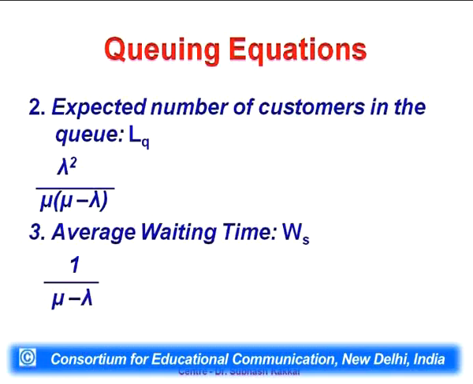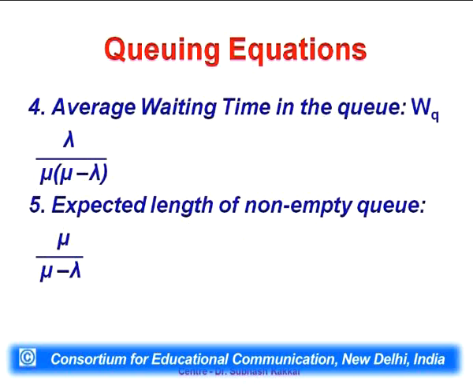Average waiting time in the system Ws is given by 1 divided by mu minus lambda. Average waiting time in the queue Wq, and the formula for that is lambda divided by mu within brackets mu minus lambda. Expected length of non-empty queue: mu divided by mu minus lambda is the formula for the expected length of non-empty queue.